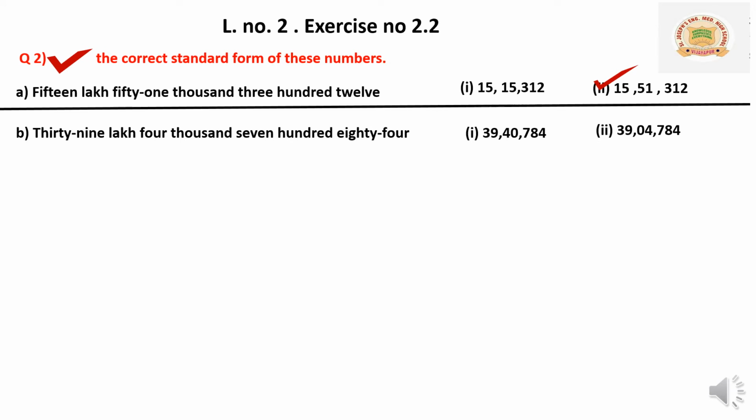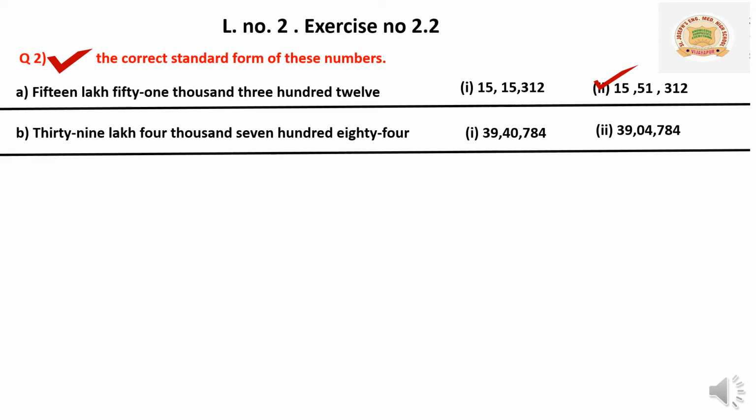So let us check the answer. Option number 1, 39,40,000. It's wrong because it says only 4,000. So let us read option number 2, 39,04,784. Here option number 2 is the correct answer. So put the tick mark for option number 2.